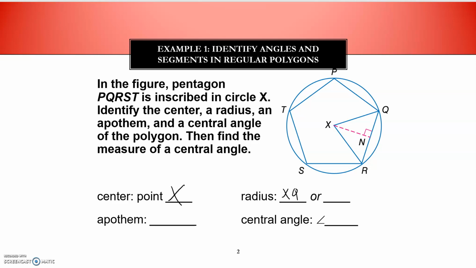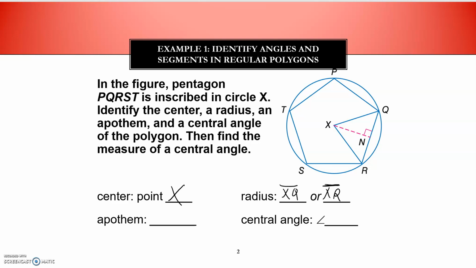In this example, XQ or XR. Certainly you could draw a radius from X to some random unnamed point on the circle. Certainly you could do that with any of the other vertices, but those are the two that we see in this picture. Notice that XN is not a radius because it doesn't go all the way to the outside of the circle.